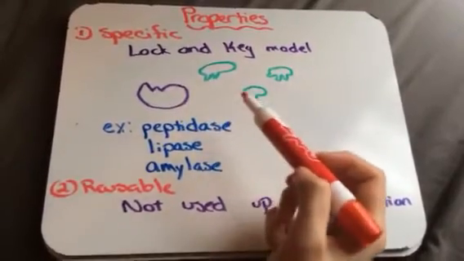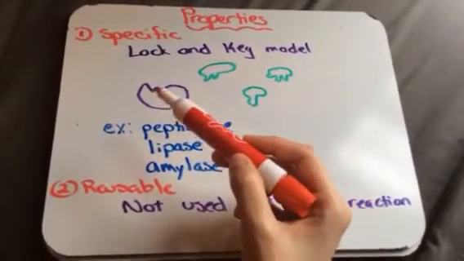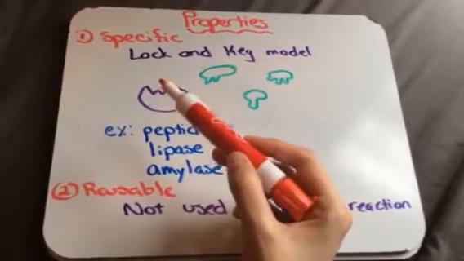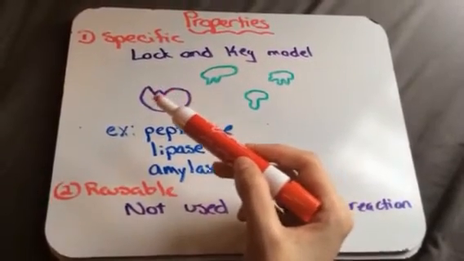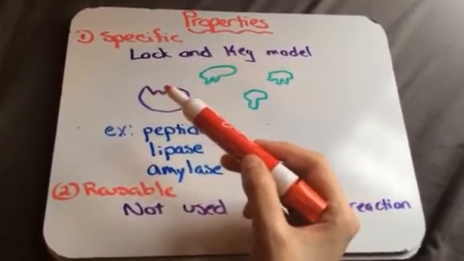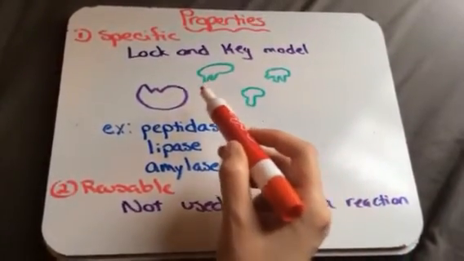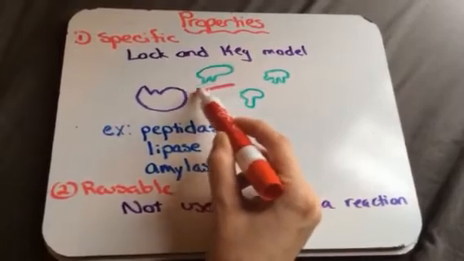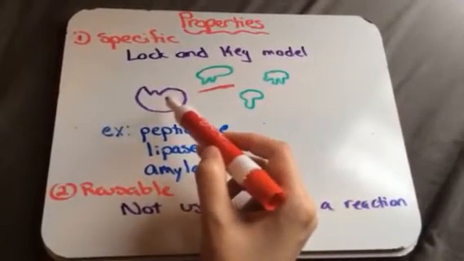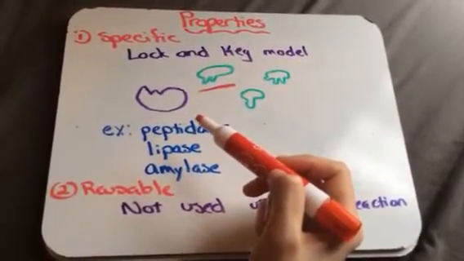The enzyme is not going to just break down any of these. It has to fit into this active site is what it's called. So this active site has a very particular shape. It's not going to allow just anything in there. So this one right here is going to be the substrate for this particular enzyme.